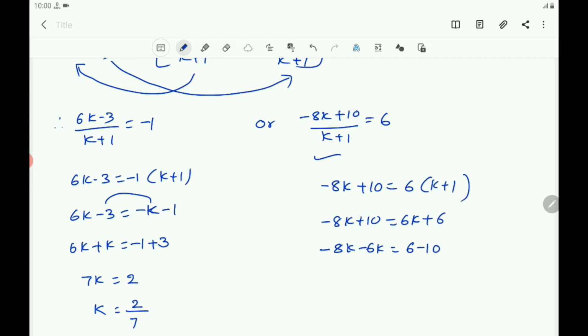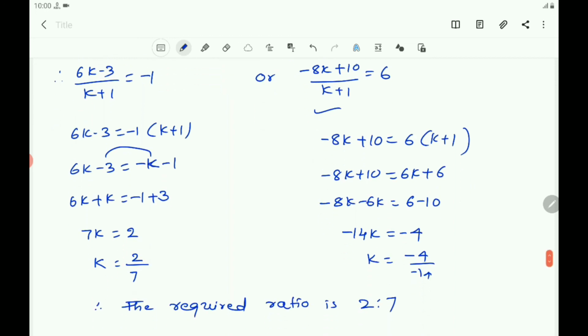So minus 8K minus 6K is minus 14K equals 6 minus 10, that is minus 4. You got K equals minus 4 by minus 14. Then 2 twos are 4, 2 sevens are 14, so you got 2 by 7. In both cases you got the ratio 2:7. You can use any one of the relations or you can use both also.